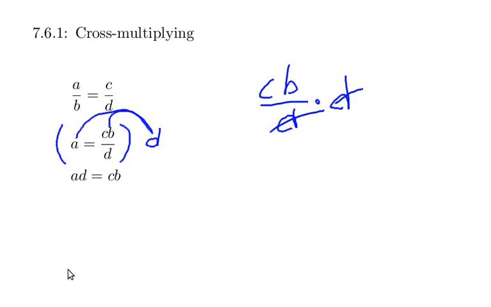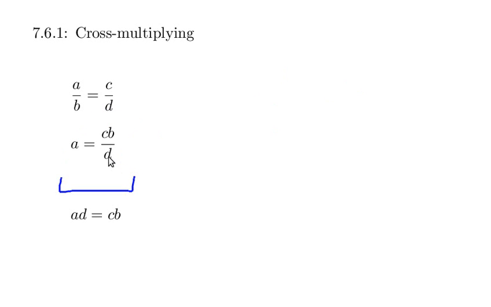Now look what we have here. We no longer have any fractions. We just have AD equals CB. If we want to think of this visually, we just moved the denominator of each side to the numerator of the other.